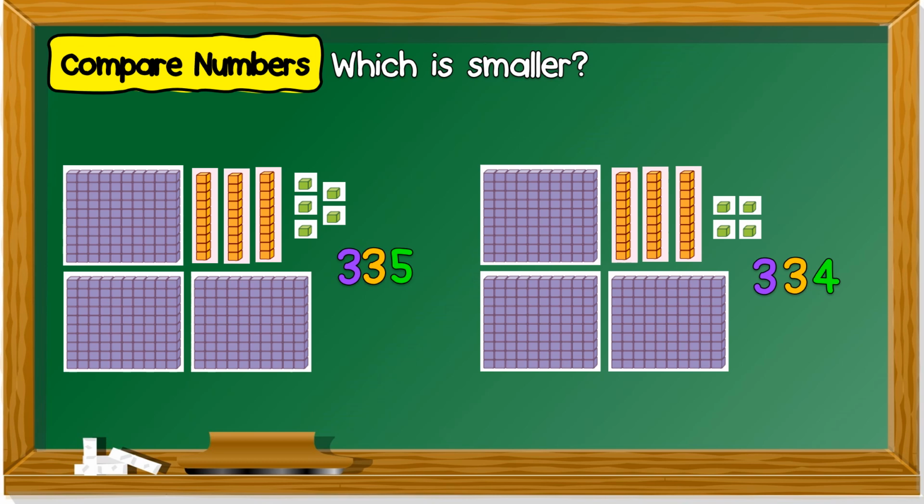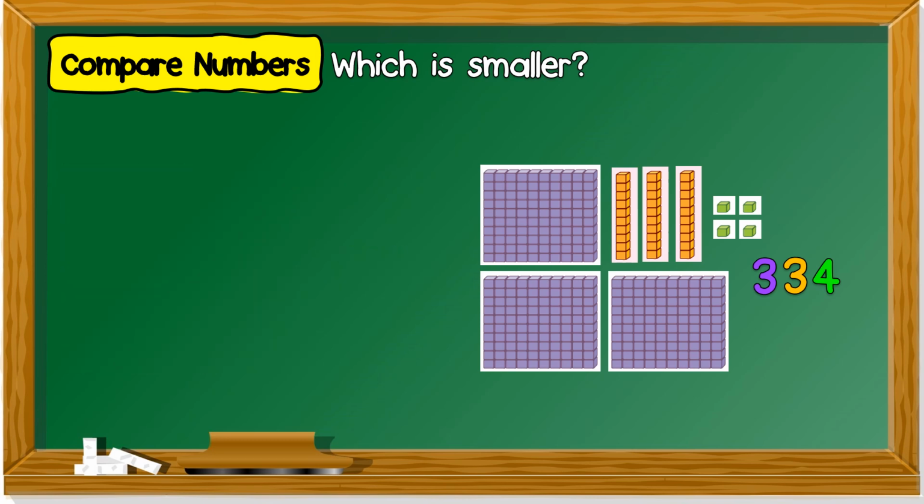Now we look at numbers in ones. 5 and 4, which is smaller? 4, right? So 334 is smaller.